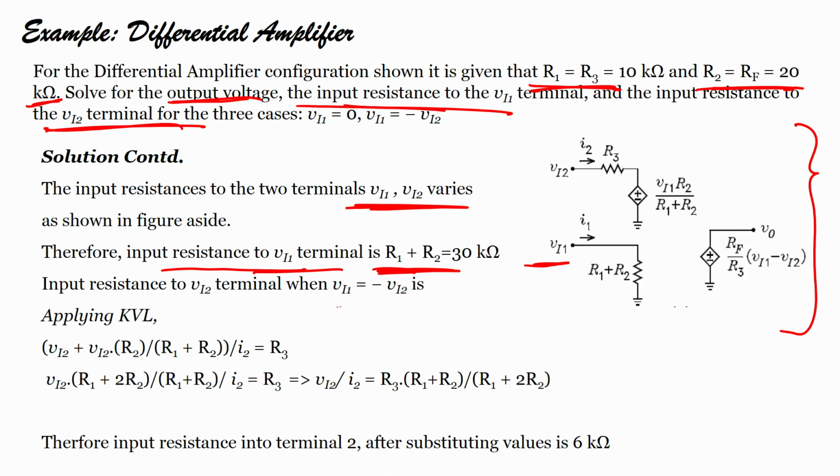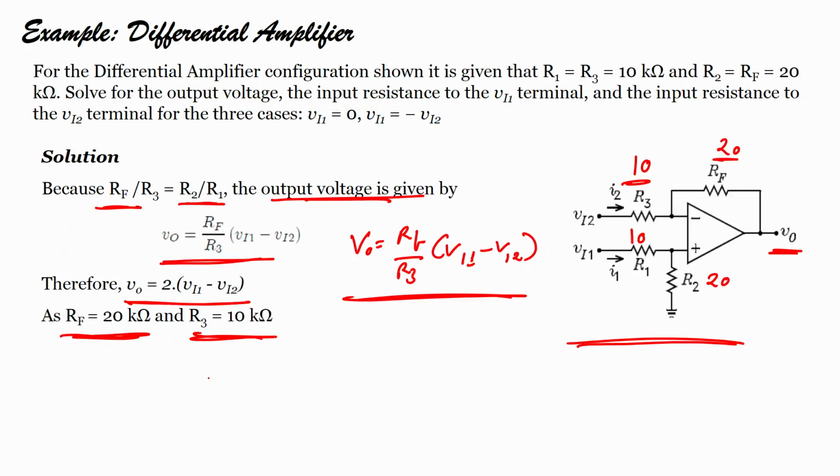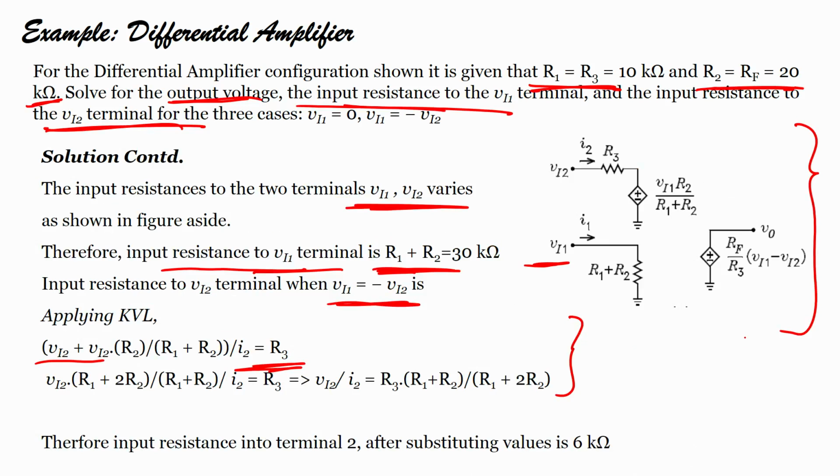Input resistance to VI2 when VI1 equals minus VI2: if we apply Kirchhoff's voltage law, then you will find that VI2 plus VI2 into R2 divided by R1 plus R2, divided by R2, equals R3, right. If you see this circuit, you will find how we are solving.